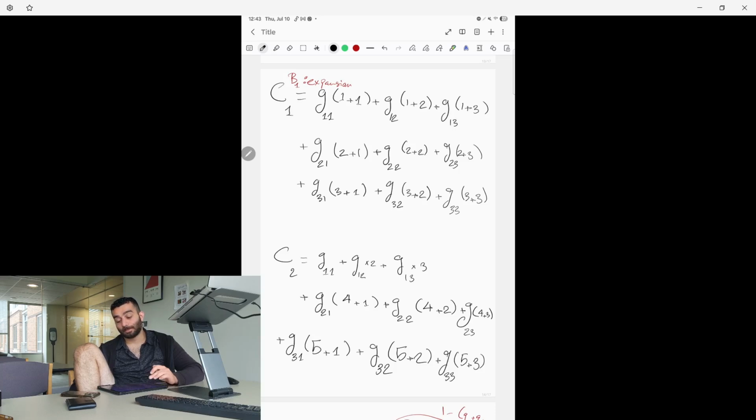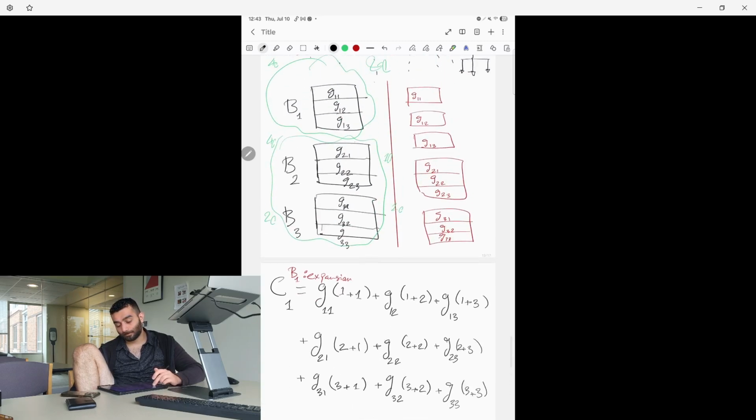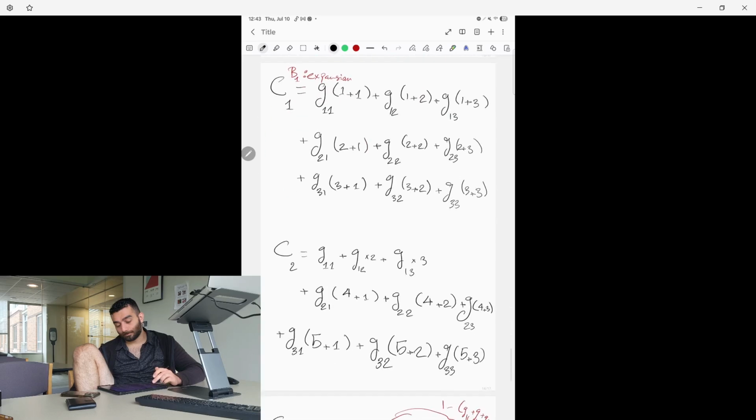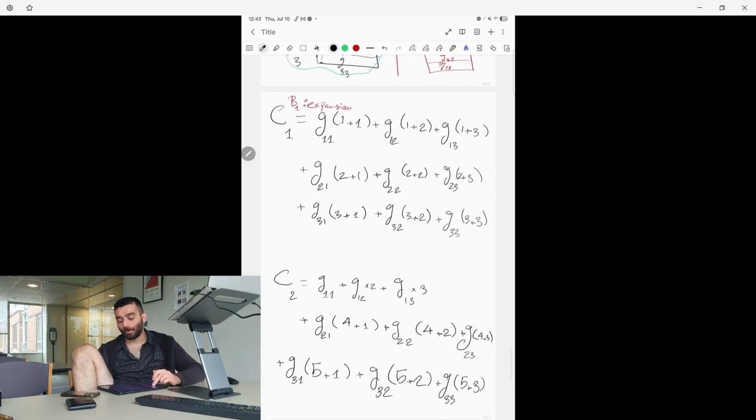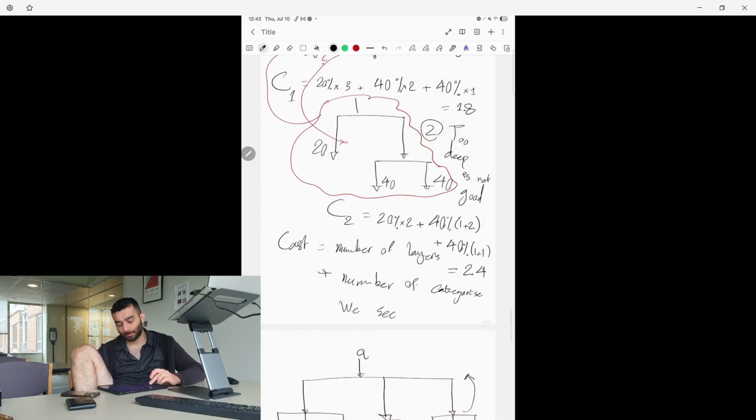First of all, I'm not adding any cost in the layer for this. Yeah, this one misses that. Alright, so first part was wrong.